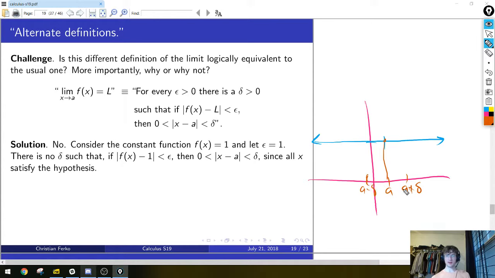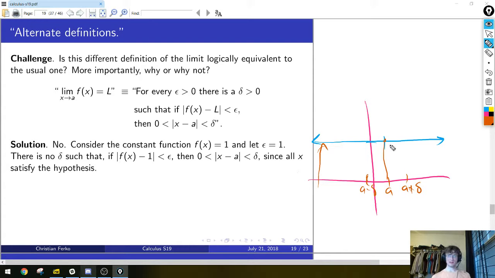Well, no, you can't, because by construction every output of this function is 1, so you can plug in whatever number you want. You can never pick an interval big enough, because there will always be something outside that interval. Unless it's minus infinity to infinity, but that's not allowed by our definition of delta. Delta has to be a positive number. It can't be infinity.